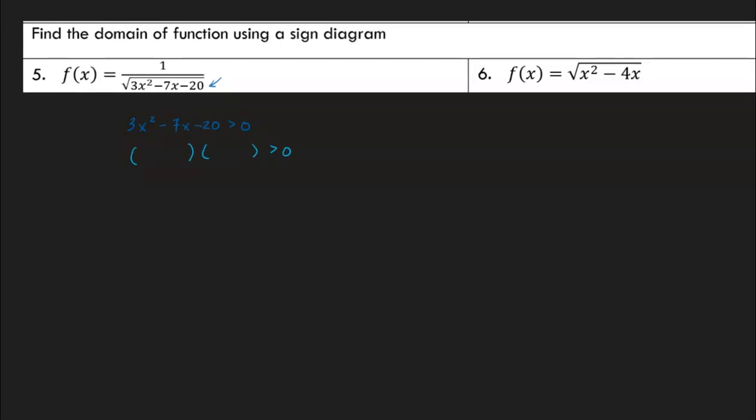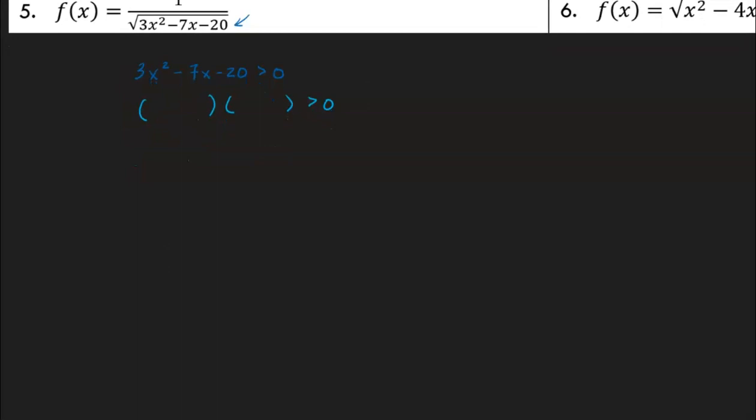When it's greater than 0, then all the numbers work. Positives work. We can even have an irrational number, and an irrational number would still work, like a square root of 2 or square root of 3, because it's actually a number that's located on the Cartesian coordinate. So we have a 3x and an x, and then a 5 and 4.